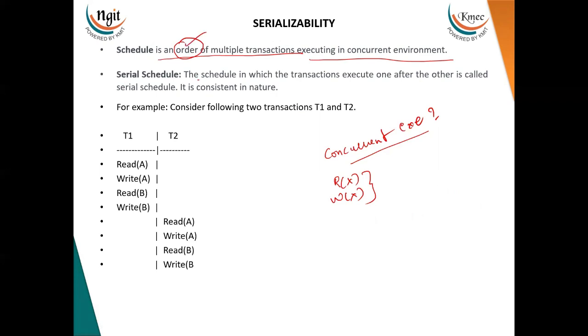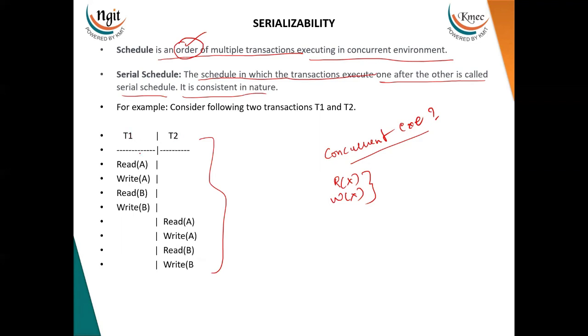Serial schedule. The schedule in which the transactions execute one after the other is called serial schedule, and it is consistent in nature. Here we have an example for serial schedule. You can see that there are two transactions T1 and T2.